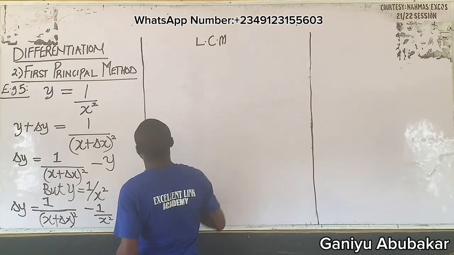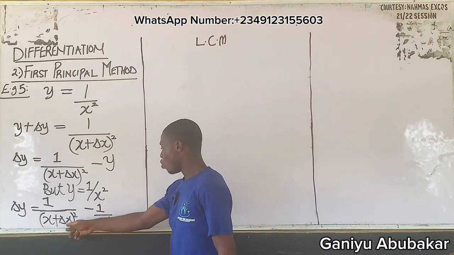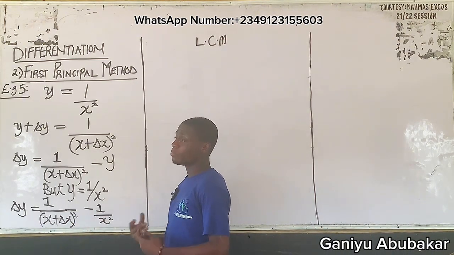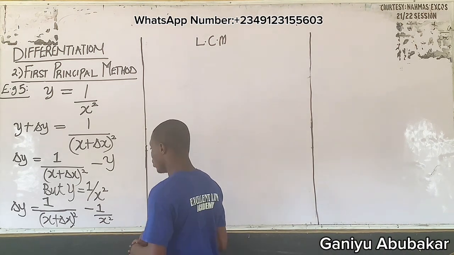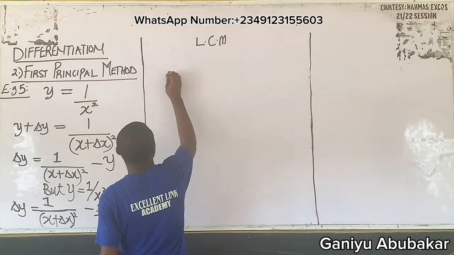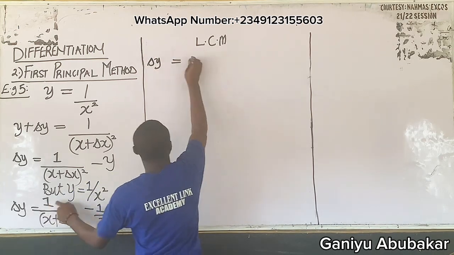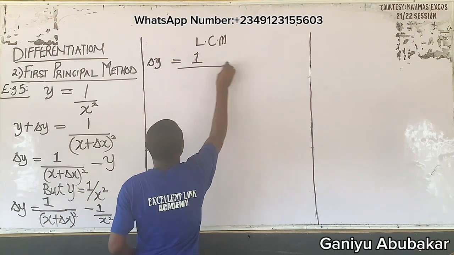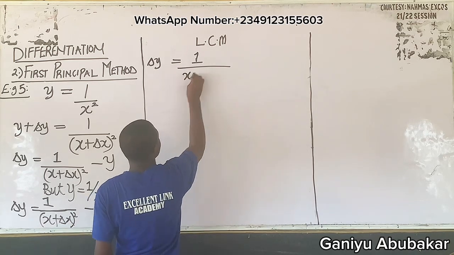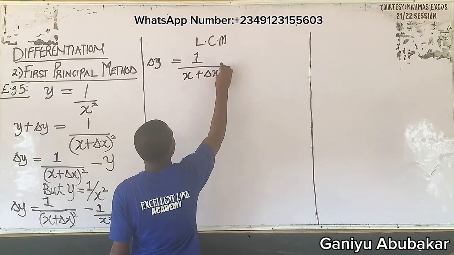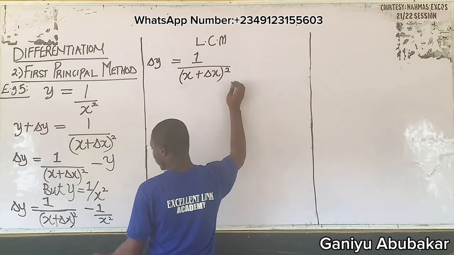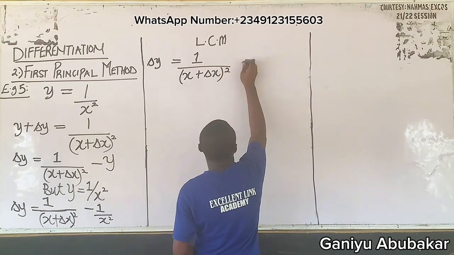So let's get the LCM. We said that if I have two uncommon terms, the LCM becomes the product of the two. So the LCM is x squared into x plus change in x all squared. So I'll have that change in y is equal to 1 all over x plus change in x all squared, this one.